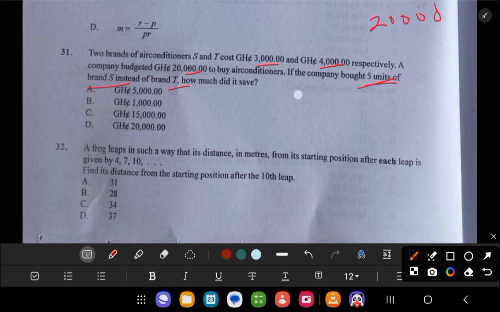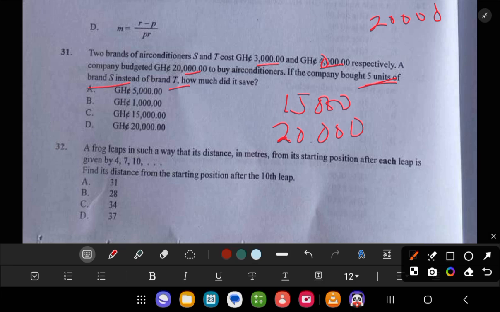So the cost for S is what? 3,000 times 5 is 15,000. Then for brand T, since it's 4,000, just multiply the 4 by the 5. So 4 times 5 is 20.